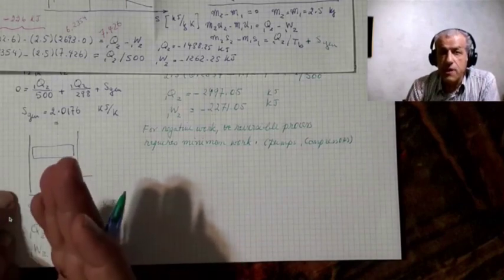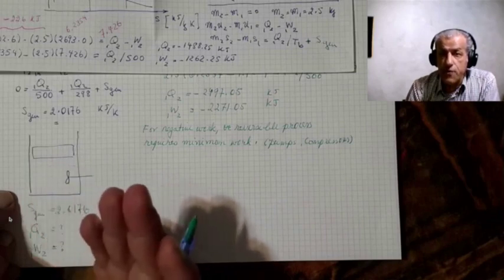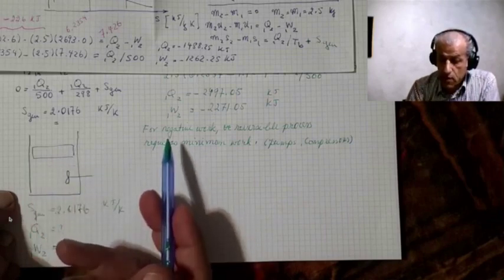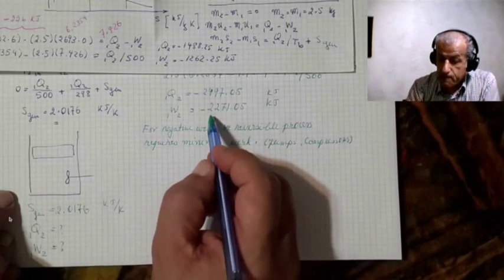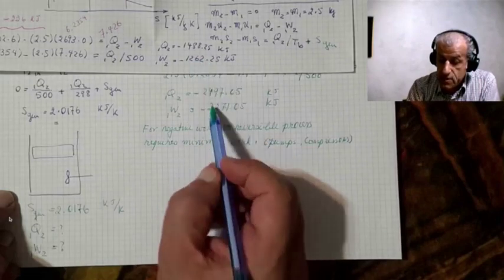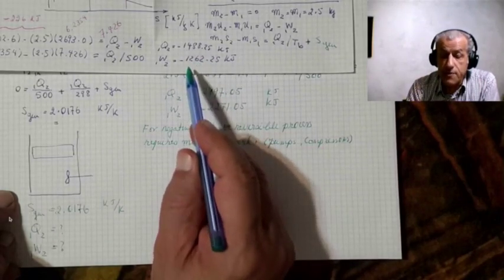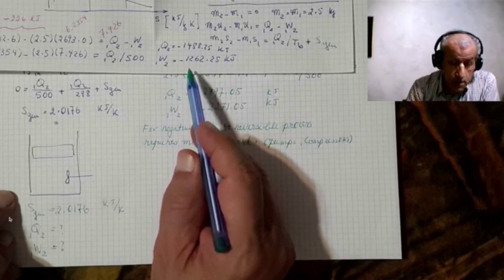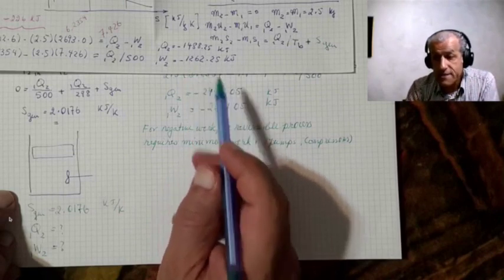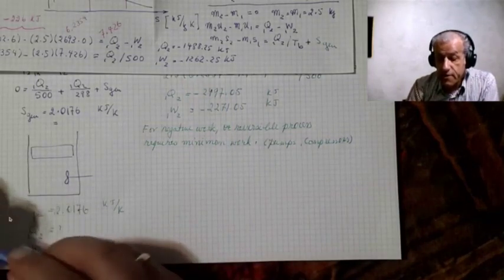That gives you the minimum work, and then for a real process like this yellow green one, you have more work, and now you have a basis that you can know how far from ideal process you are. That's a very, very important aspect of the second law of thermodynamics.